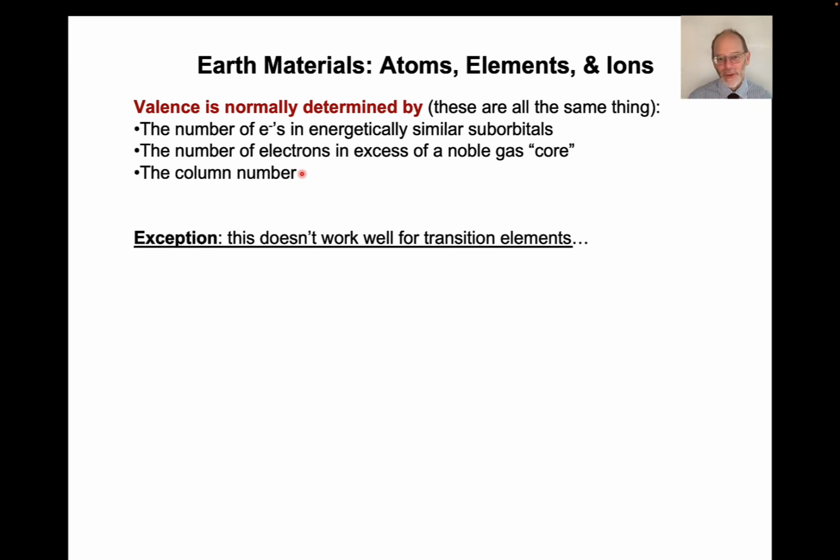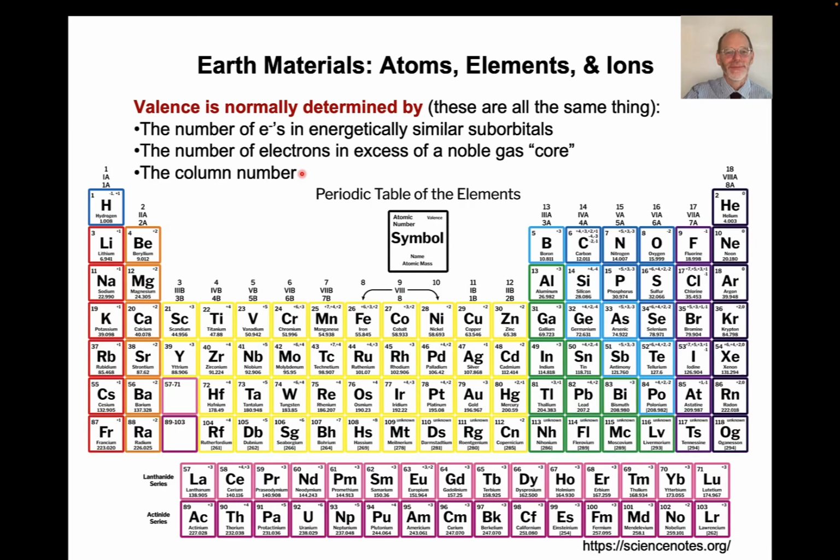This doesn't work very well for transition elements, the ones in the middle of the periodic table, but it works very well for the elements on the left-hand side and the right-hand side of the periodic table. And fortunately, that's where most of the elements that we deal with in the earth sciences fall.